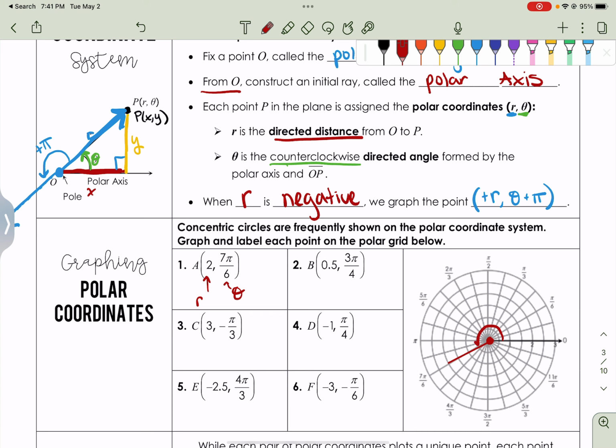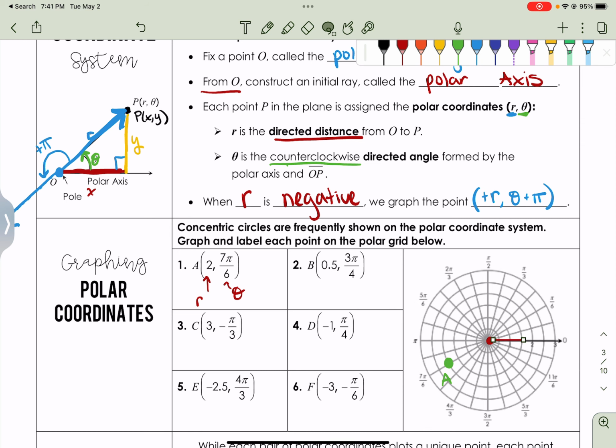So this is the angle and this is the distance. My point lands right at 7 pi over 6. That's point A in green. You can also think open to the angle and then go the distance. Either way is fine. The order doesn't matter. But every time we're going to open and go a distance.